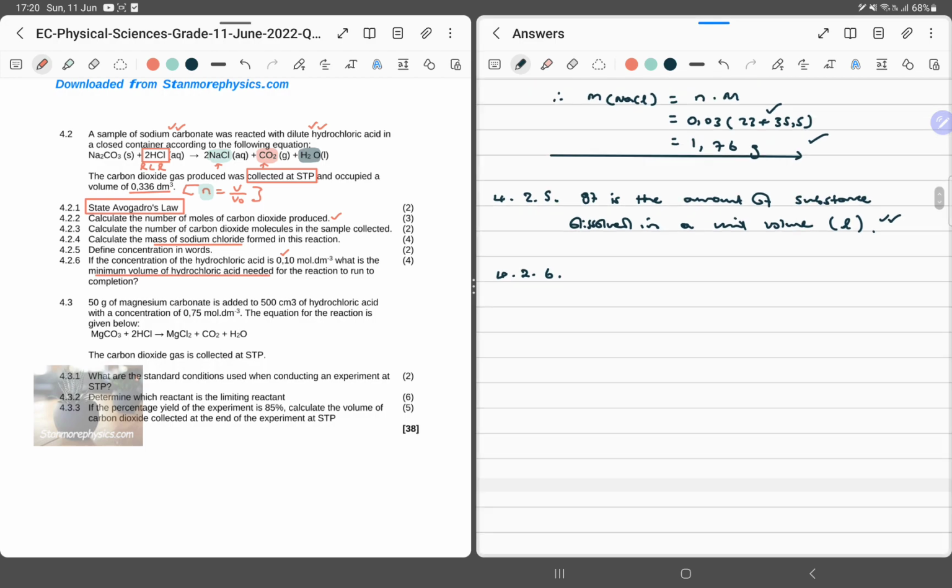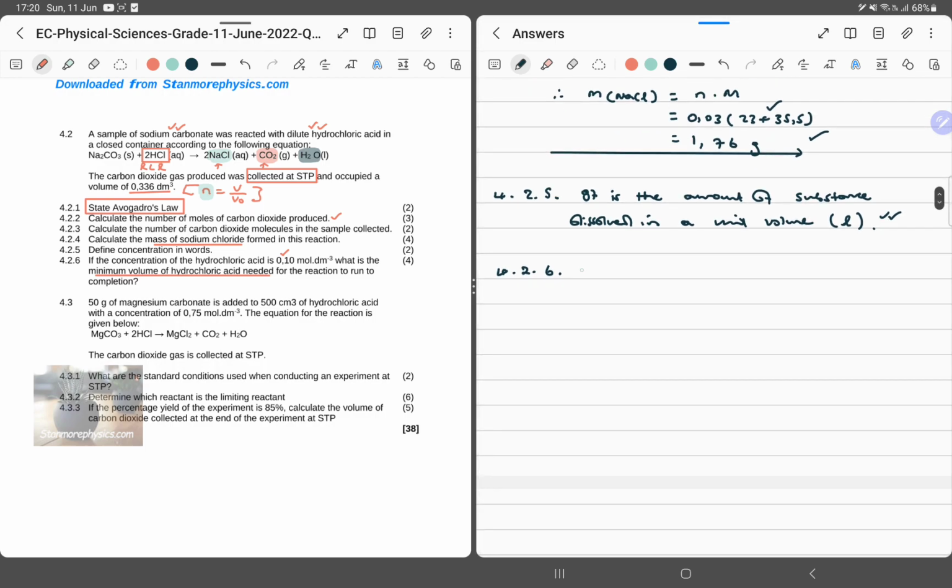Now let's go for it. So technically, we know that the number of moles of HCl is going to be 2 times the number of moles of carbon dioxide produced. Is it not? Because it's 2:1. This is 2 into 0.015, right? That was the story.